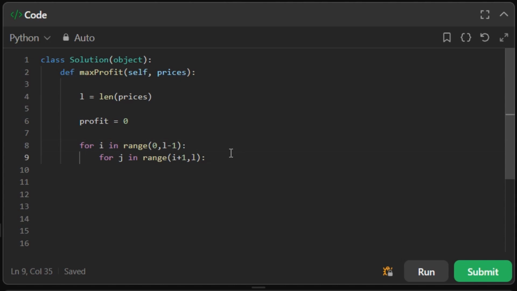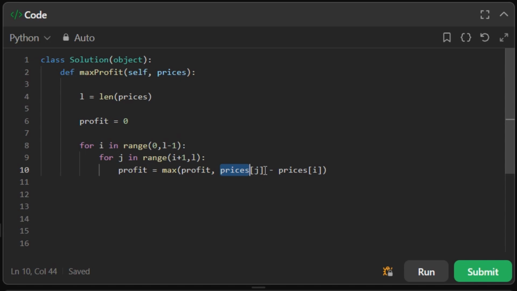Now, once both of the loops are initialized, what we will do is we will take the maximum profit possible from all of these pairs. That is, profit equals maximum of current profit and the profit of the current pair, that is prices J, that is the selling price, minus prices I. Here, profit is our initialized profit right here.